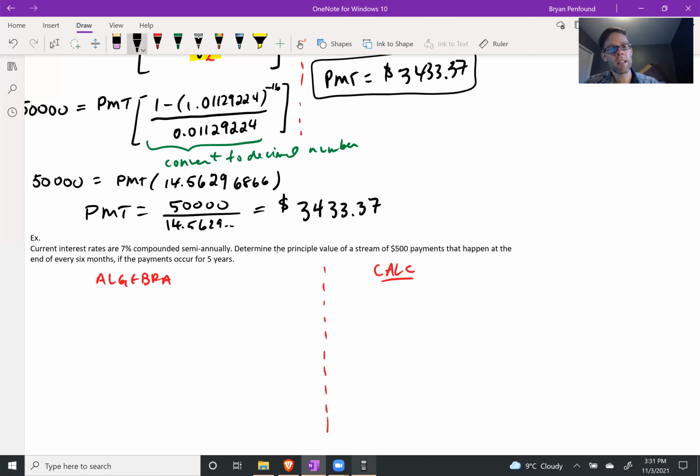Yeah, the first thing we want to do, like Fiona's suggesting, is try to figure out what kind of annuity we're working with. So we have semi-annual, and payments happen every 6 months.